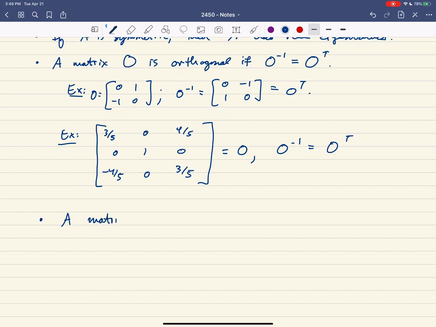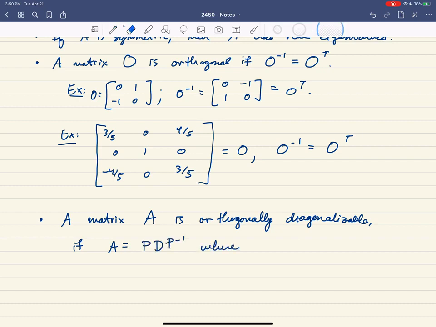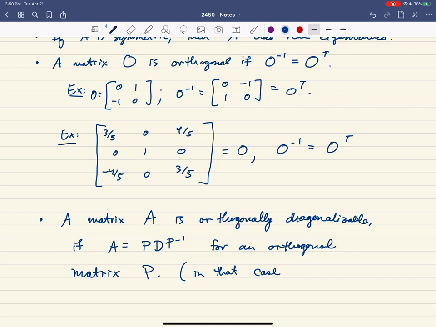A matrix A is called orthogonally diagonalizable if A is equal to P D P inverse for an orthogonal matrix P. In that case, notice that P inverse must be P transpose, because that's what orthogonal matrices are.